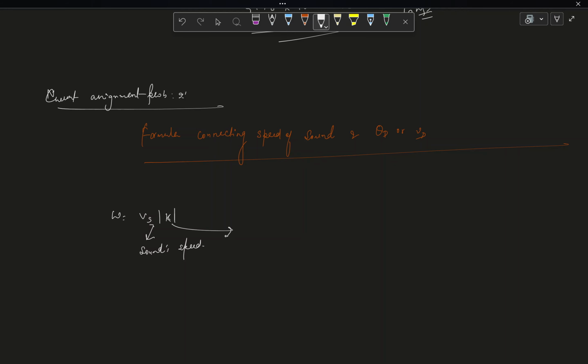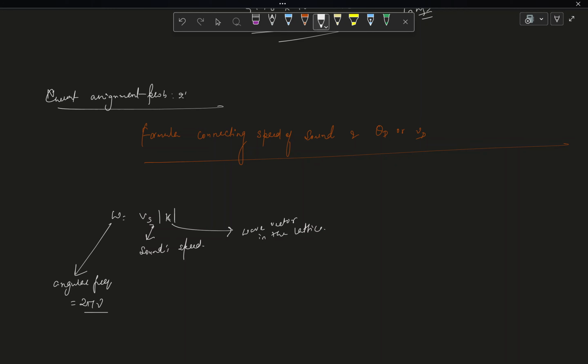I am forgetting the exact terminology for this, but you probably understand that it is the same K as in E = ħ²k²/2m. So K is a wave vector in the lattice, and ω is the angular frequency, which is 2πν, where ν is the actual frequency.